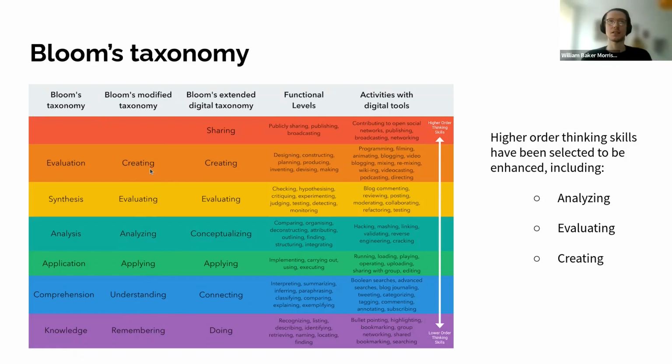In the extended digital taxonomy, we also talk about sharing, and that comes back into the digital capabilities we saw earlier. What we're going to focus on in this presentation is the higher three levels: analyzing, evaluating, and creating. So how this digital tool can help us collaborate through creation, evaluation, and analyzing the topic that we are looking into.